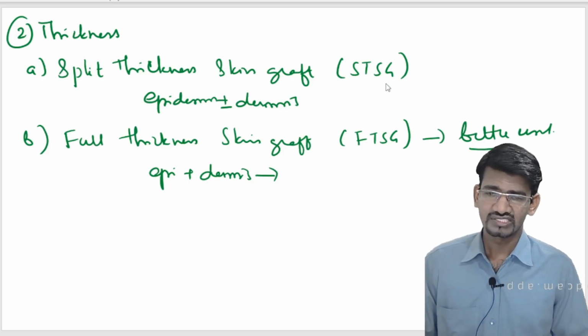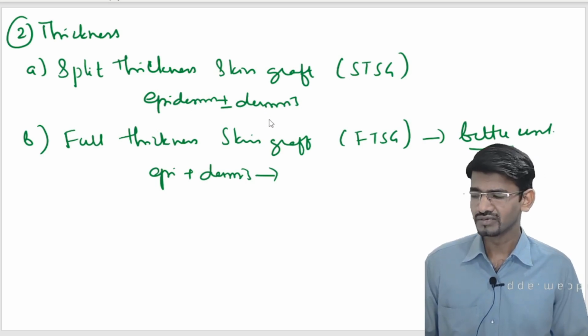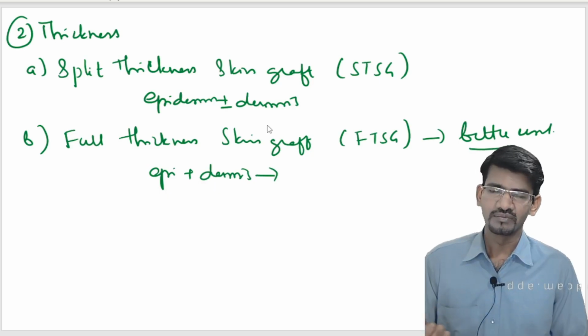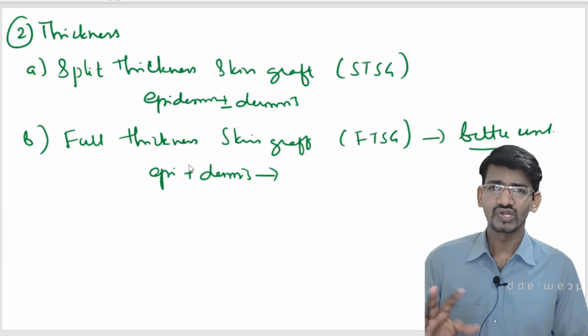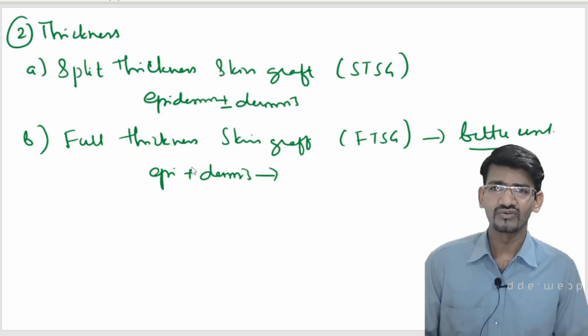So in STSG, where we take the epidermis and some portion of the dermis, hyperpigmentation can be seen. But when we take the full thickness, it will match the color of the surrounding skin.